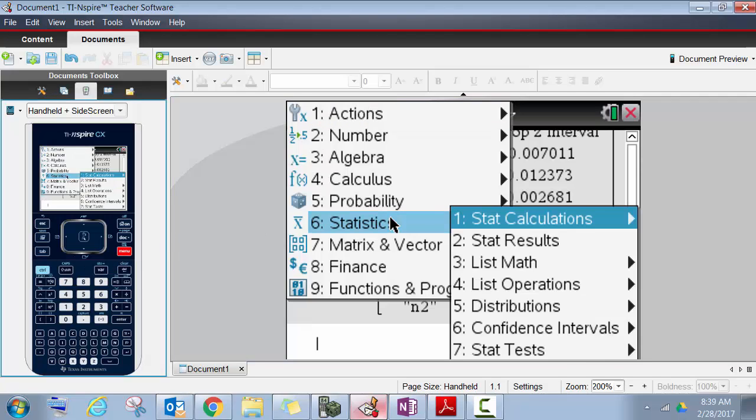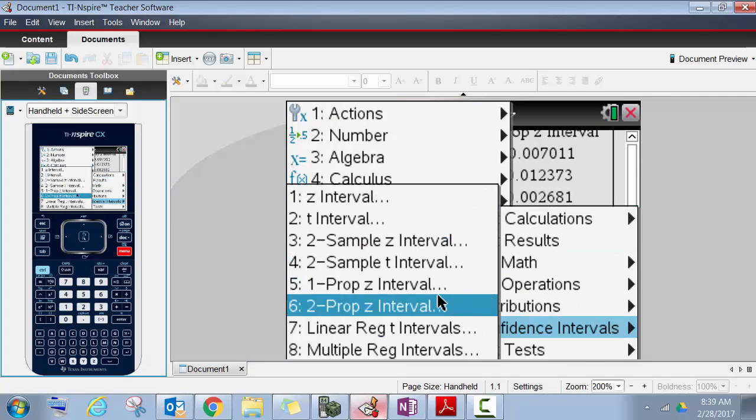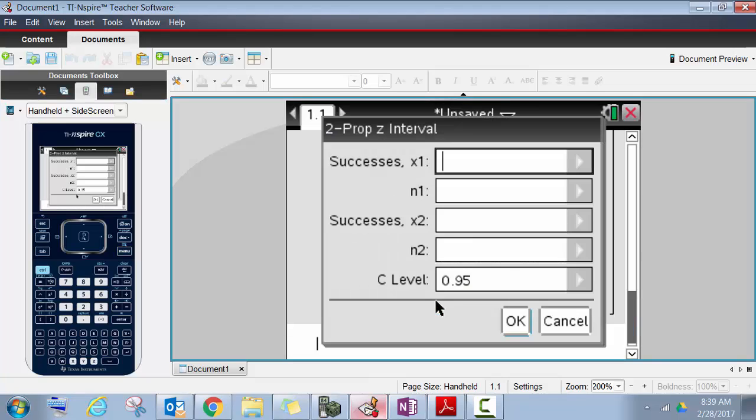So using your calculator to find the confidence interval. Confidence intervals, we did this the other day. Two proportion confidence intervals, and then we just type in our numbers. 34 over 1679, 24 over 1366.